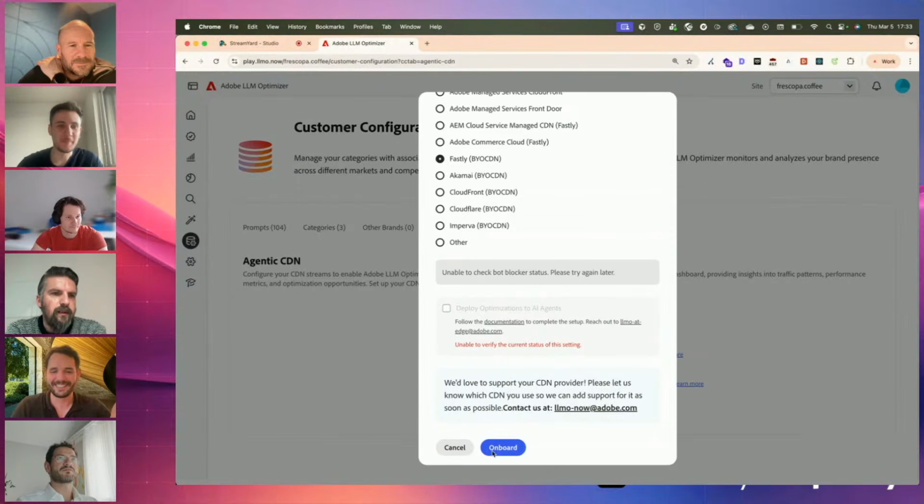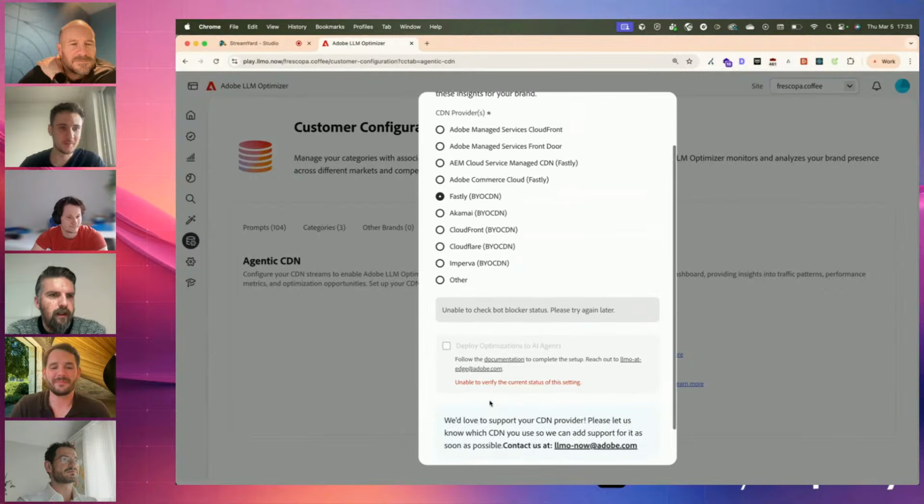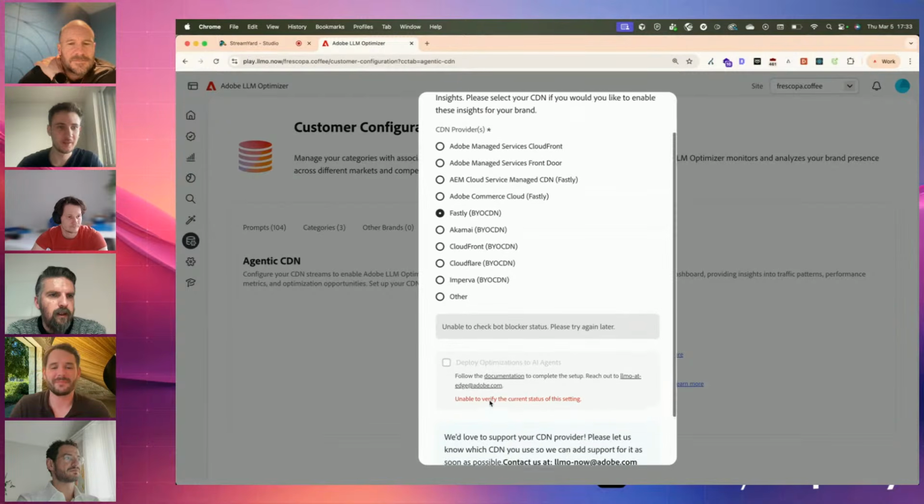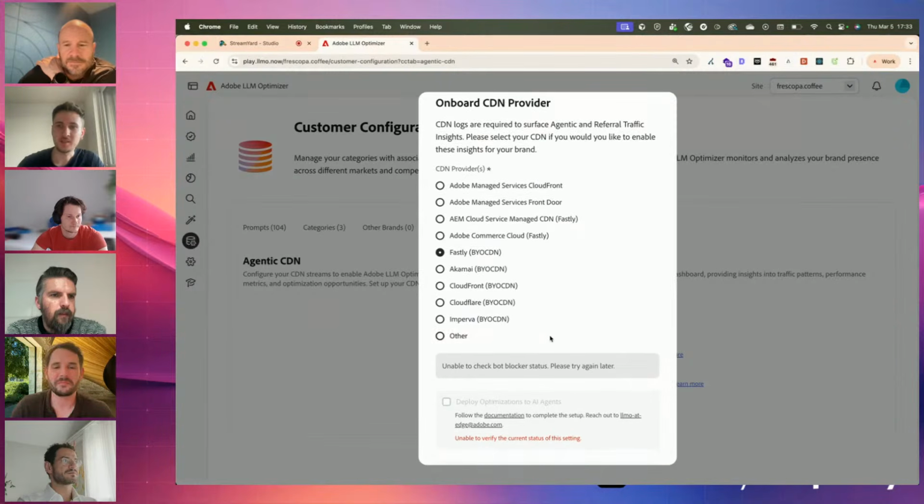So what it does is provision an S3 bucket dedicated to your account, in this case the person logged in with frescopa.coffee. Okay, perfect.